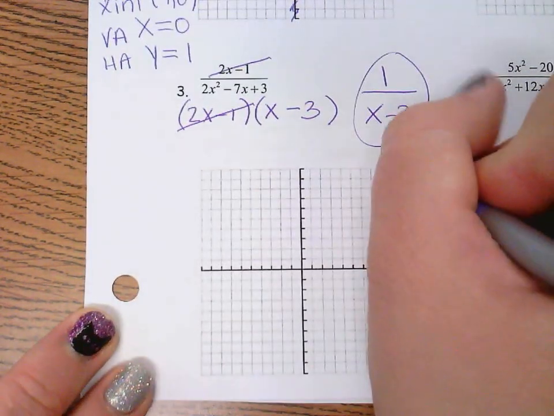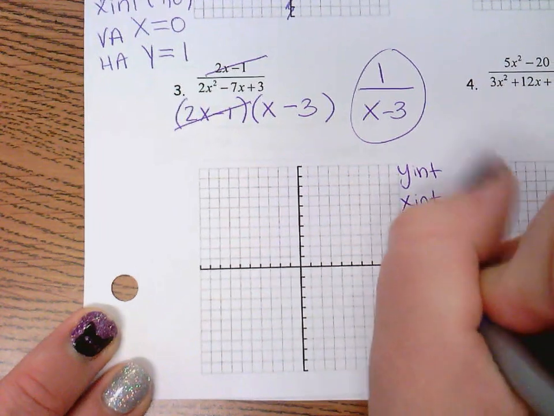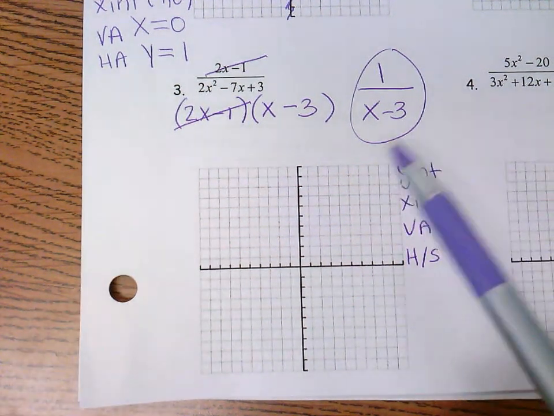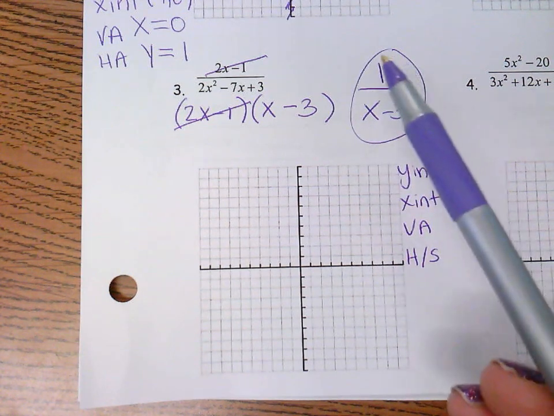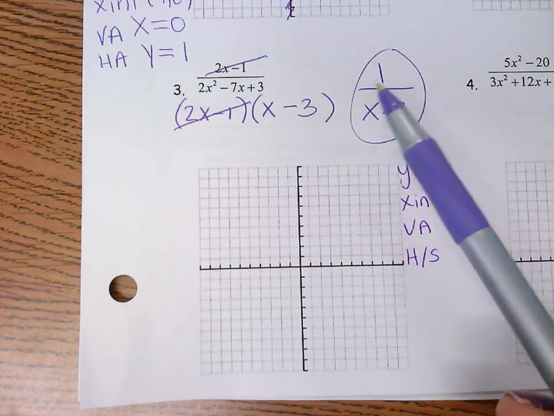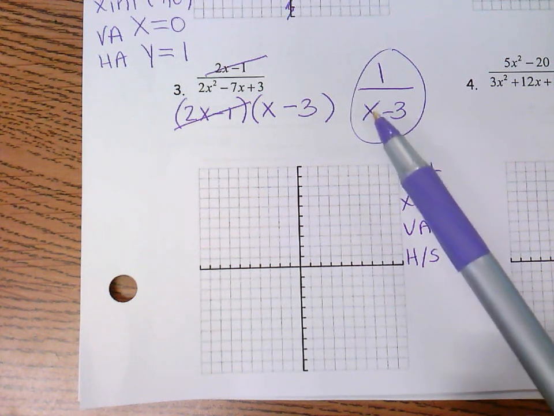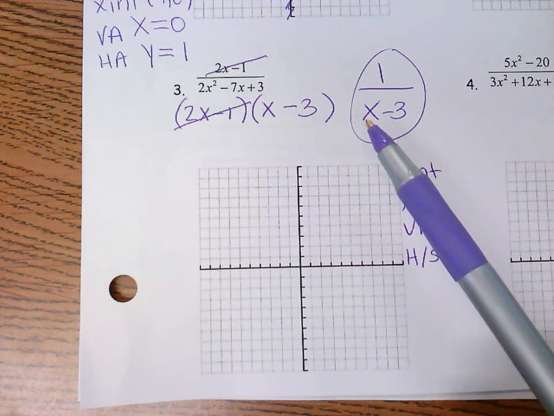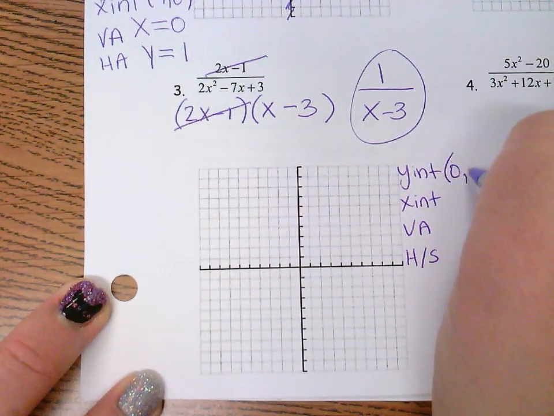So y-intercept, x-intercept, vertical asymptote, horizontal or slant. Can someone tell me what the y-intercept would be of this function, plugging in 0 for x? I'm plugging in 0 right there. What do I have left? Someone say it. -1/3. 0, -1/3.